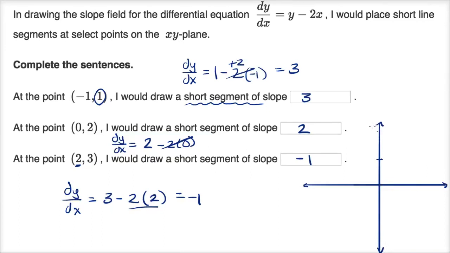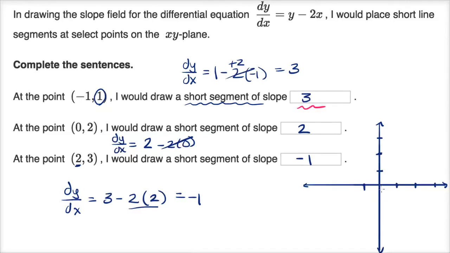Actually, I want to go all the way to 2, 3. So let me get some space here. So 1, 2, 3, and then 1, 2, 3, and then we have to go -1, 1. So we might go right over here. And so for this first one, and this exercise isn't asking us to do it, but I'm just making it very clear how we would construct the slope field.